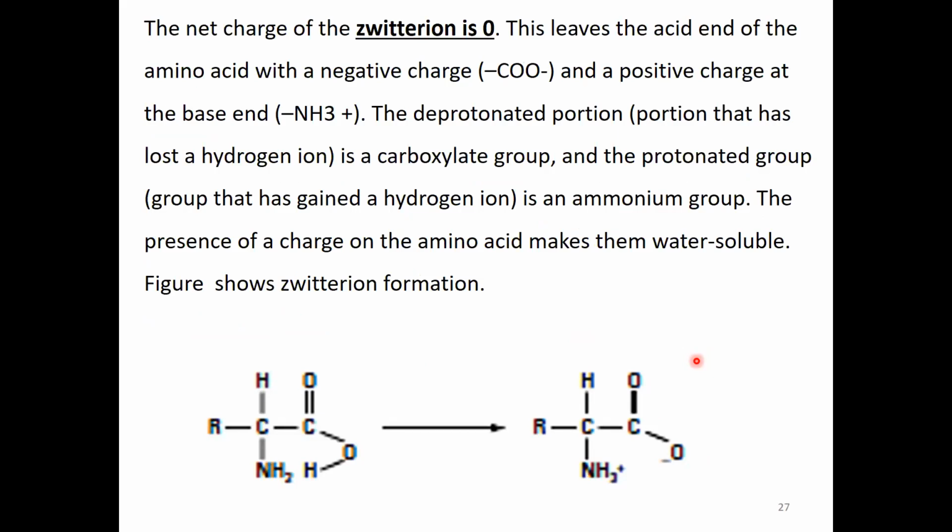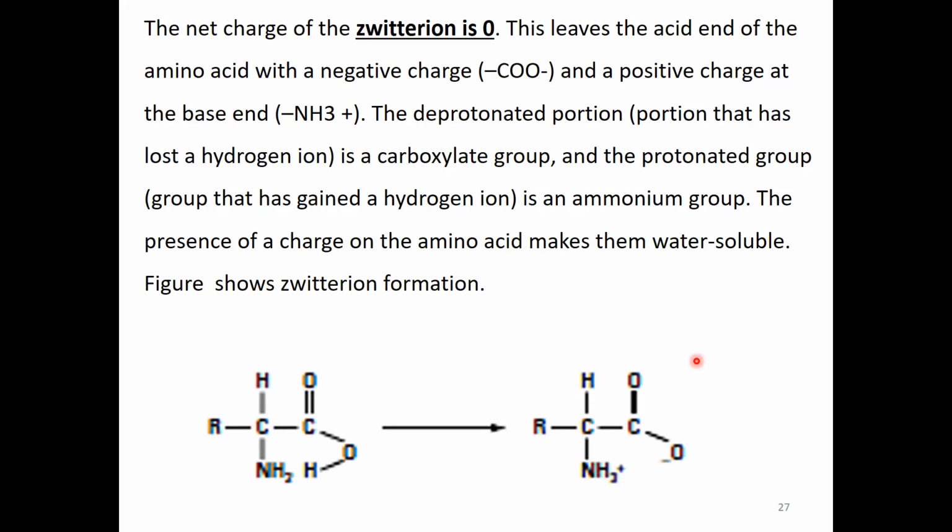This leaves the acid end of the amino acid with a negative charge and a positive charge at the base. The deprotonated portion that has lost a hydrogen ion is the carboxylic group, and the protonated portion that gains a hydrogen ion is the ammonium group. The presence of a charge on an amino acid makes it water soluble.